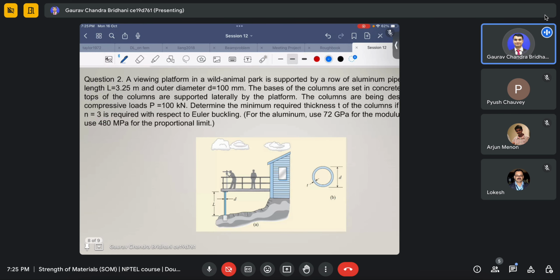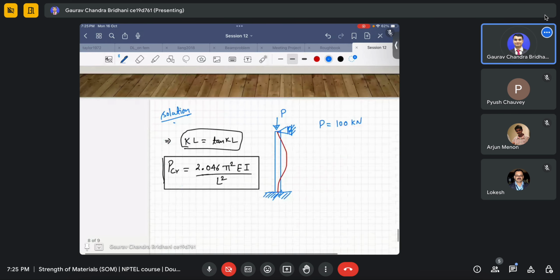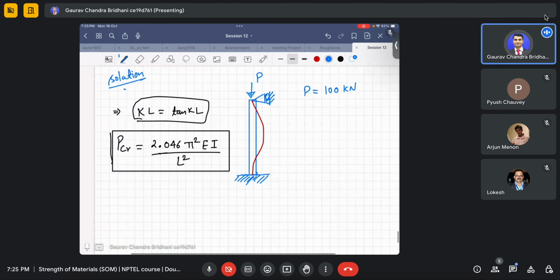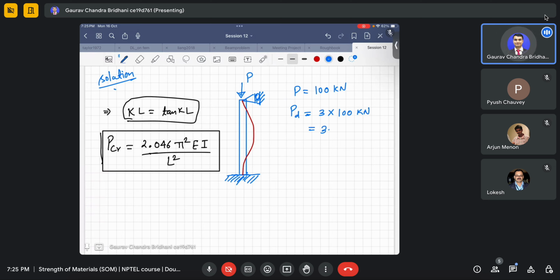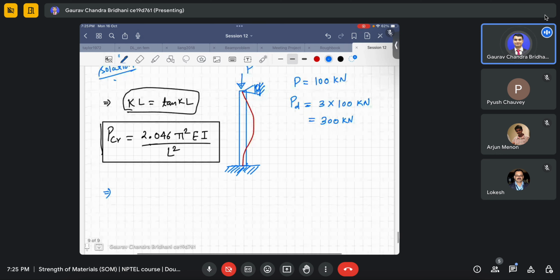That means the final load, the design load PDL, will be 3 times 100 kilonewton, since we are giving a factor of safety. That means 300 kilonewton. Okay, so now let's solve the problem.